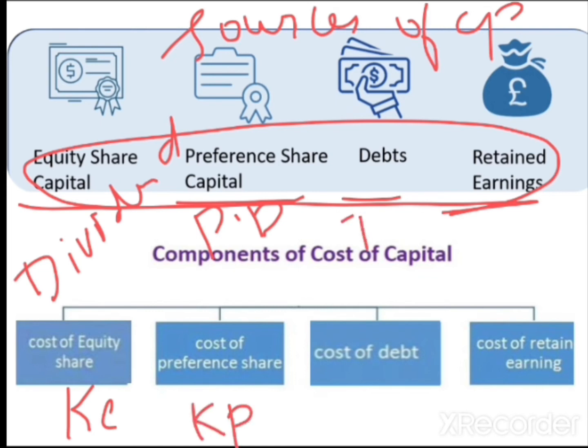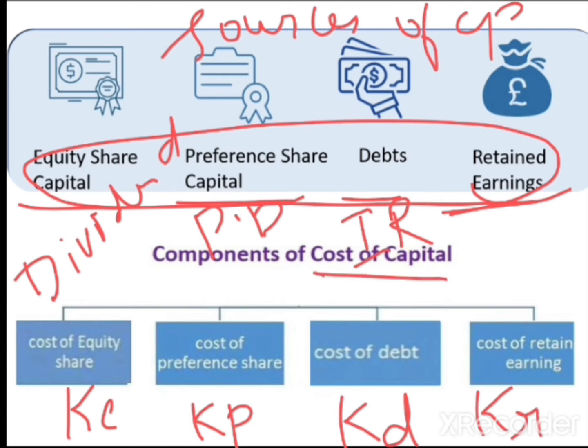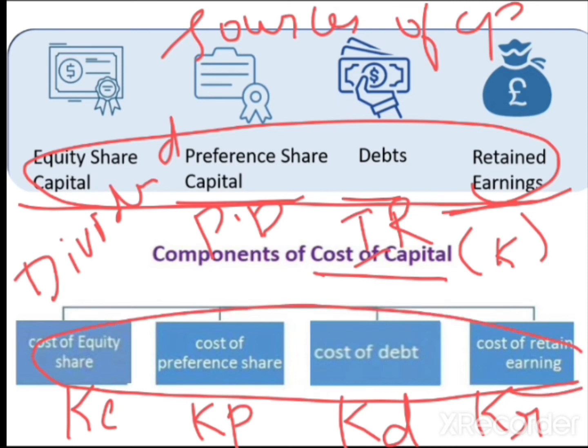The return on debt, that is interest rate, is called cost of debt, and the return on retained earnings is called cost of retained earnings. The symbol of cost of capital is K. So all these are the components of cost of capital.